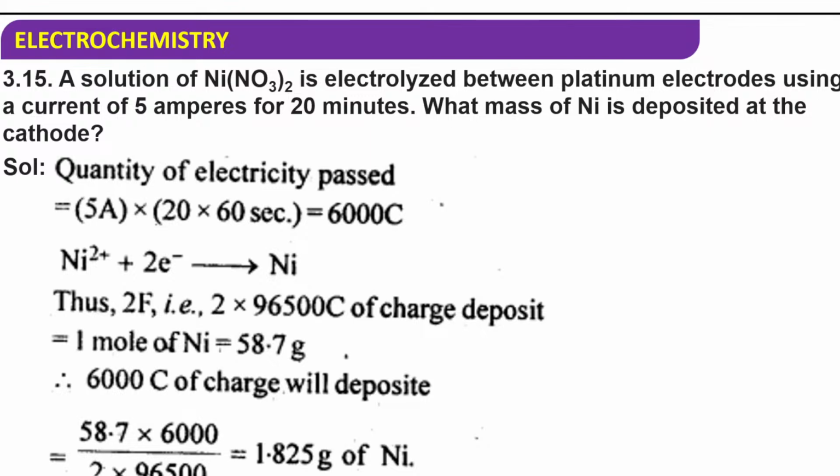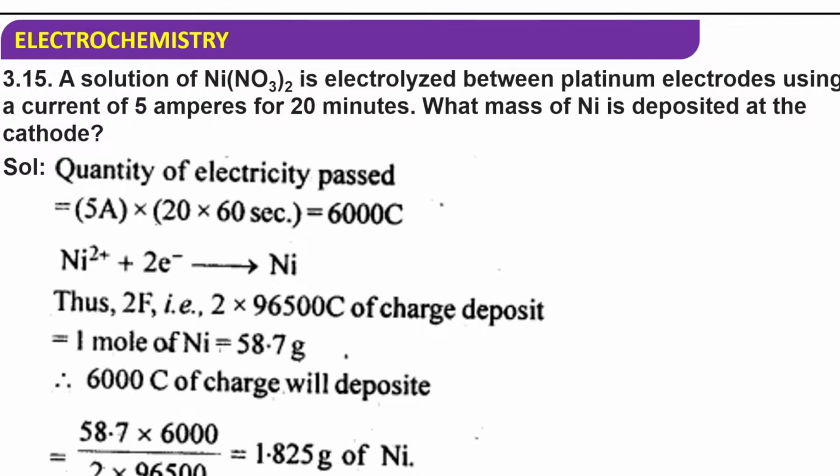So we need to know what is the mass of nickel deposited. So in nickel nitrate, what is the charge of nickel? What is the oxidation state of nickel? 2 plus. So nickel 2+ takes 2 electrons to give nickel. That means 2 Faraday, or we can say 2 into 96,500 coulombs electricity is passed through nickel to deposit 1 mole.